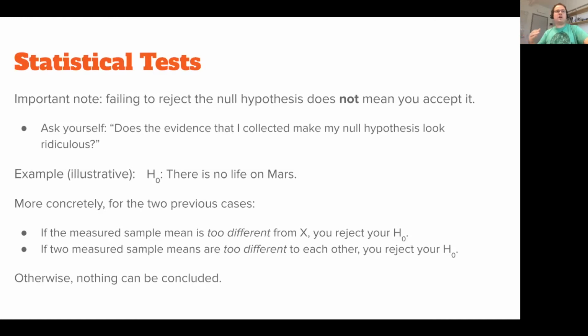So the current knowledge stays the same, okay? Again, we are not accepting the null hypothesis. We're not stating that the null hypothesis is correct, period. We're just saying there is no evidence to reject the null hypothesis.